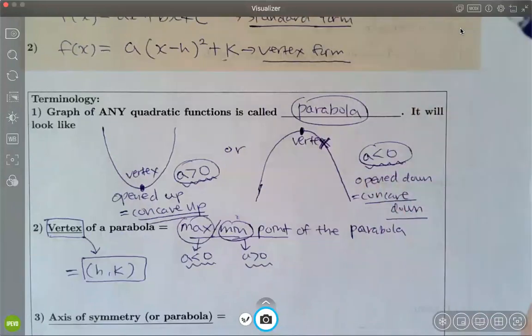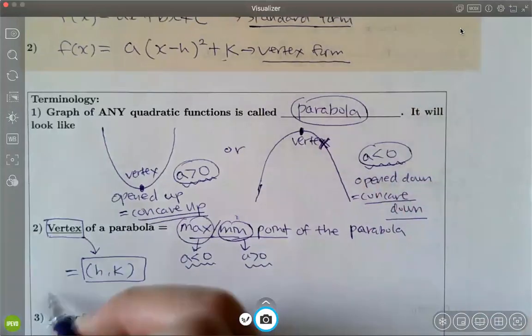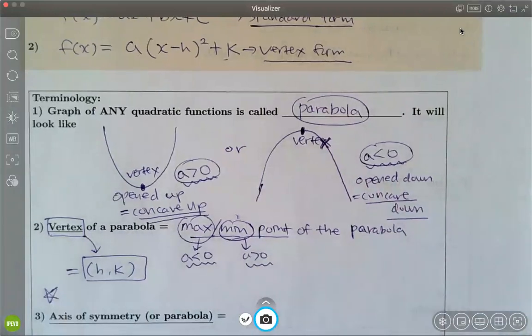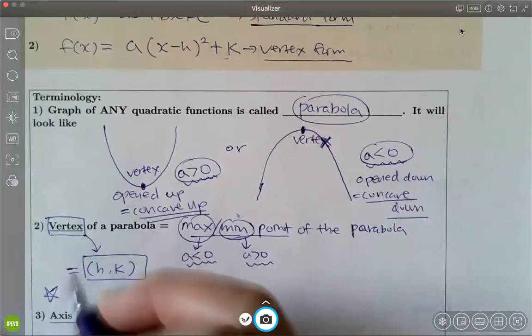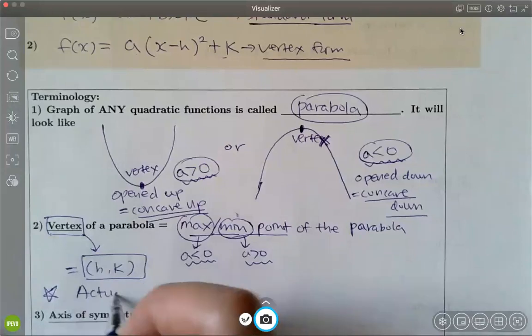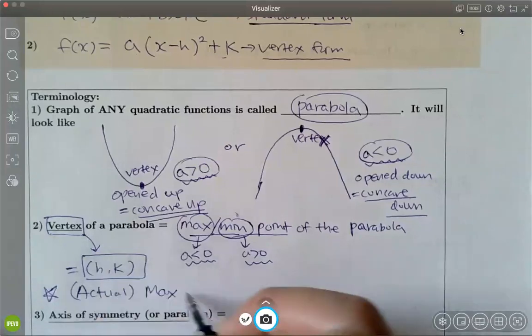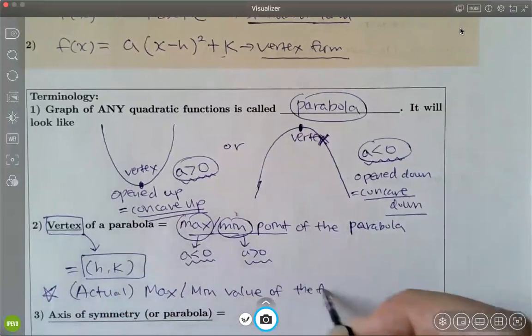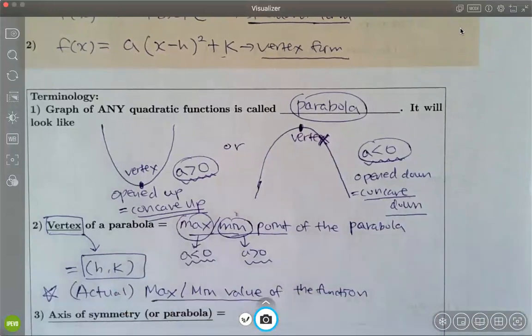Okay, and now here is a remark about this vertex. Whenever the problem says find the actual maximum or minimum value of the function, that denotes the K value.